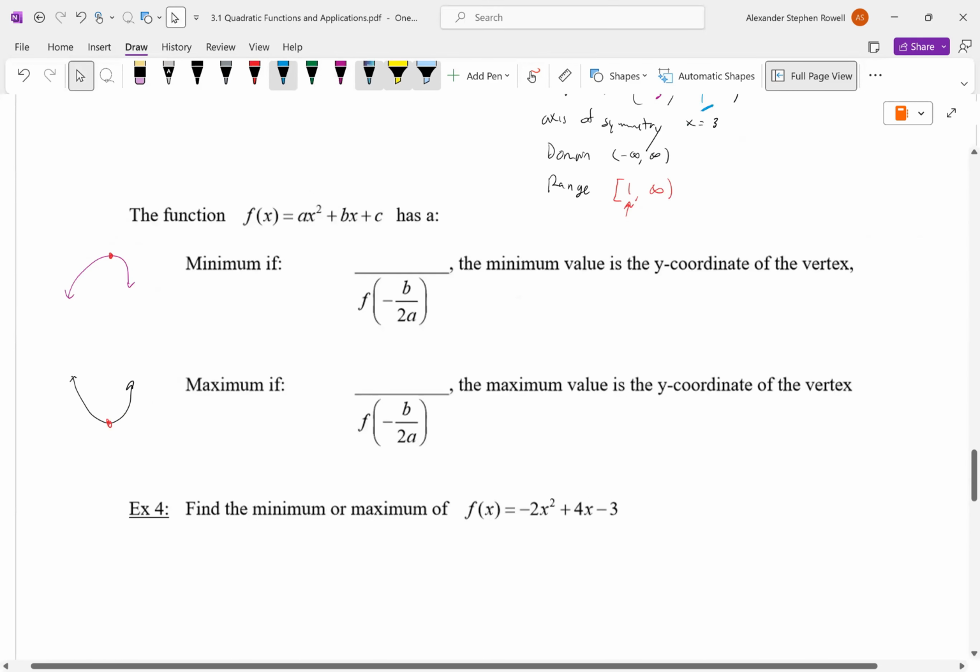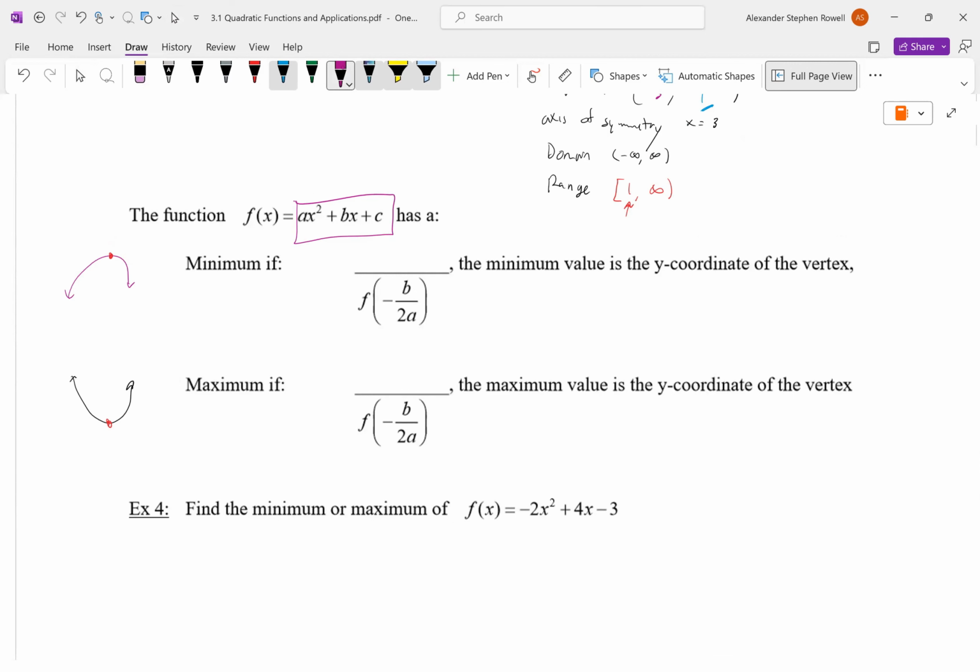Okay, so when will my parabola have a minimum value? Yes, when what's negative? That's right. If A is negative, sorry, that would be downward, right? So we want A to be positive. I mix these up.